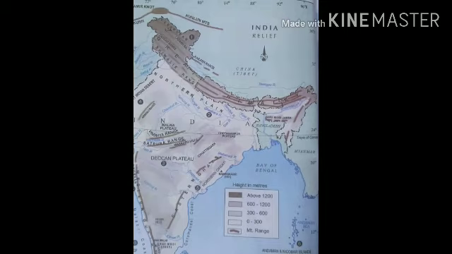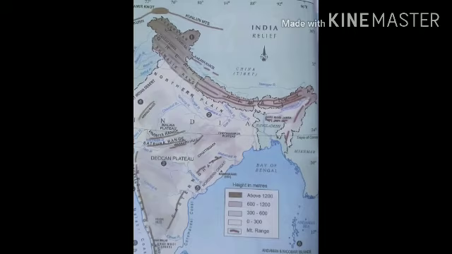That means Hindu Kush in the western part, and the eastern part is northeast India. Means this mountain range stretches from west to east direction from the Indus river to Brahmaputra river.